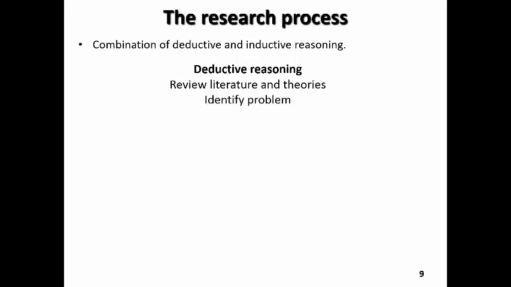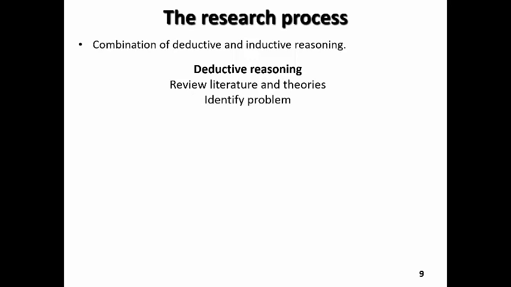This approach, in combining both deductive and inductive reasoning, would start with deductive reasoning. In starting this approach, the researcher would investigate various theories, review the literature on previous studies or previous analyses.